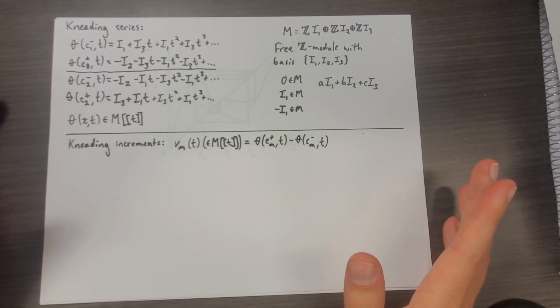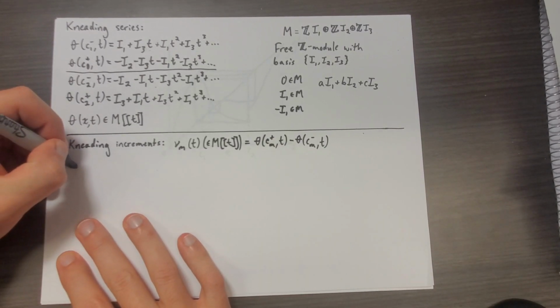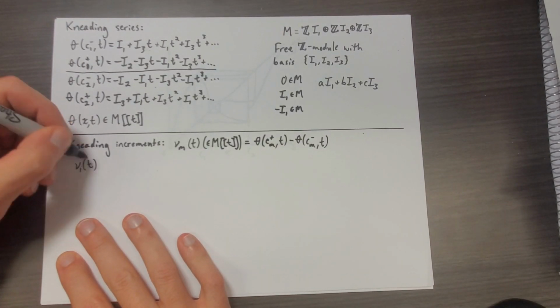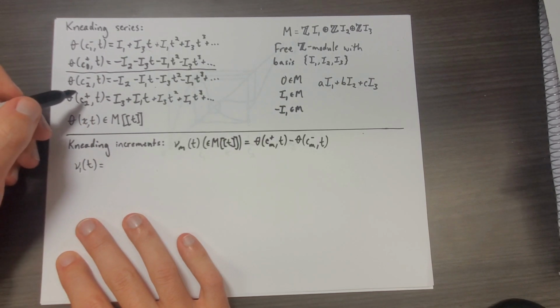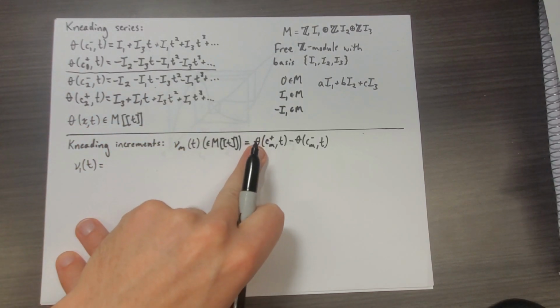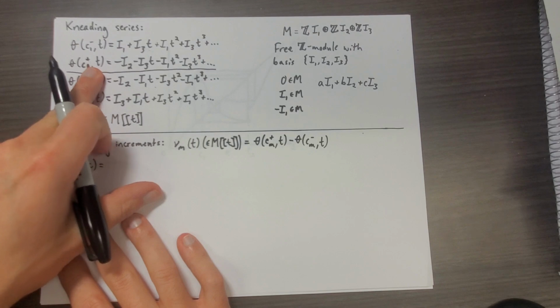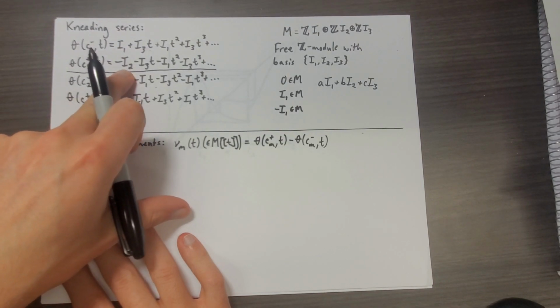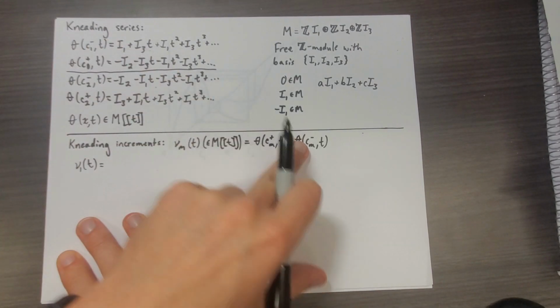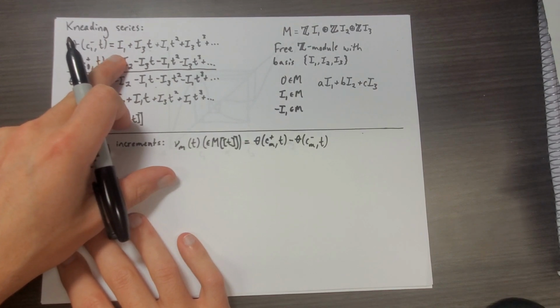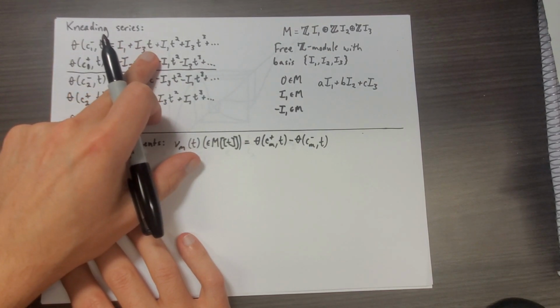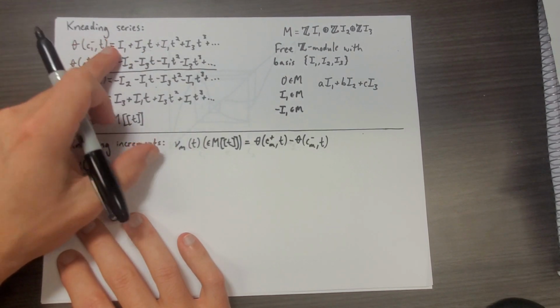So it's just the difference in the kneading series of the 2 sides of the critical point. So we have 2 of these. So nu 1, well, it's going to be firstly the right side, so C1 plus, so it's going to be negative I2, and then minus the corresponding term in the kneading series for the left side, so minus I1.